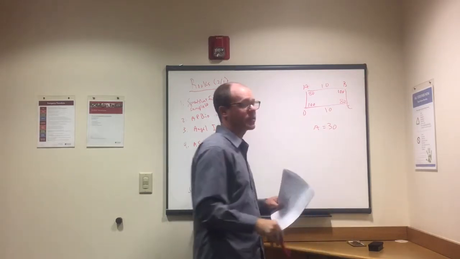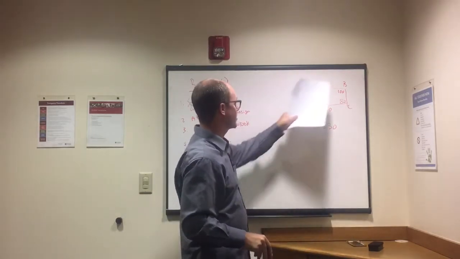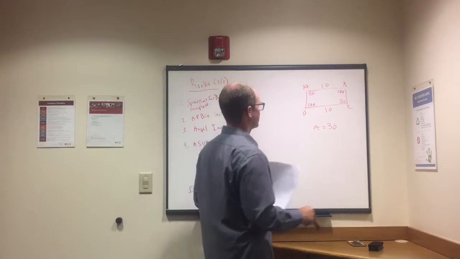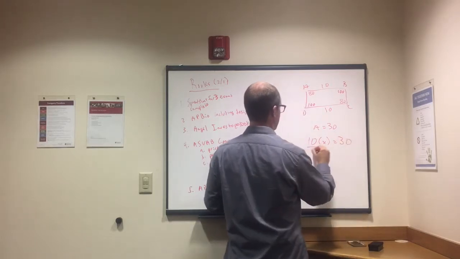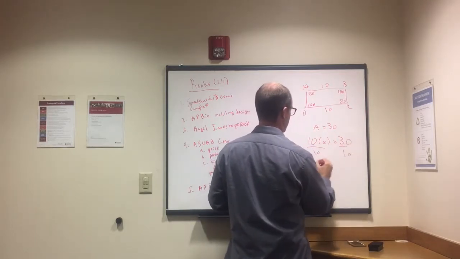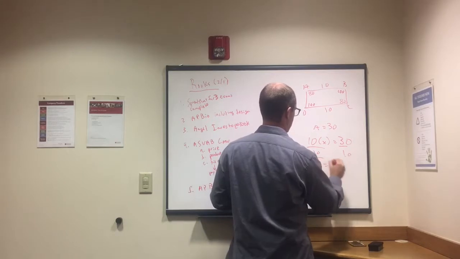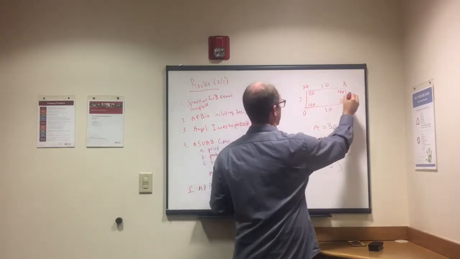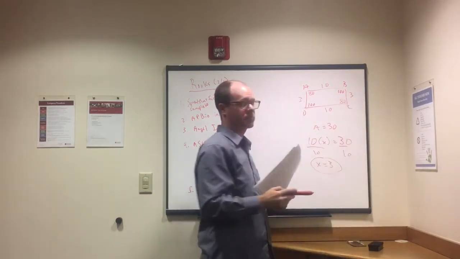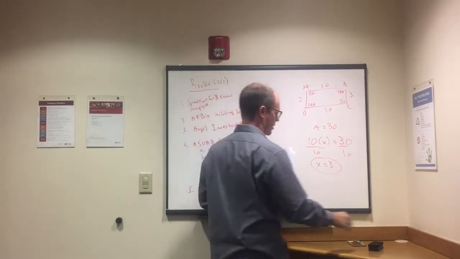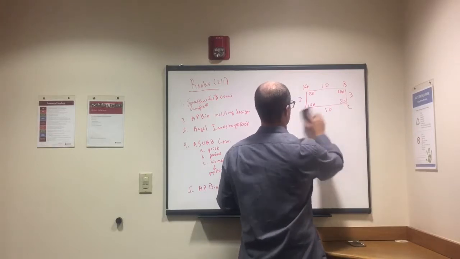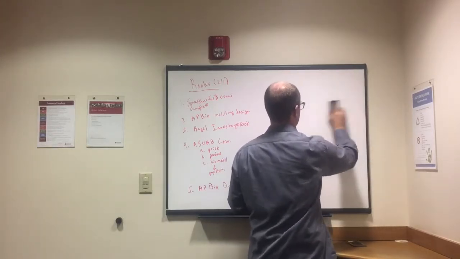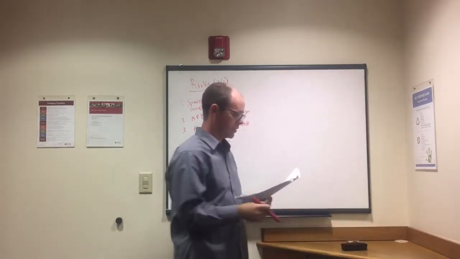If they asked for perimeter, that would help. So we're trying to figure out what is this side. Essentially you have 10 times something you don't know equals 30. Divide each side by 10. We know this has to be 3, and that would have to be 3. That's the kind of stuff you'll see. Hopefully that makes sense. Anyway, that's parallelogram.